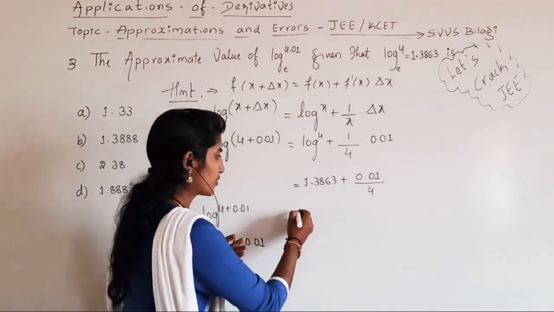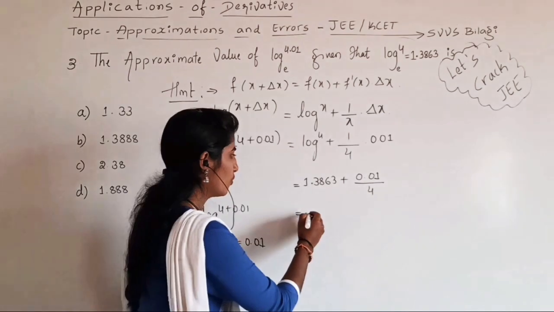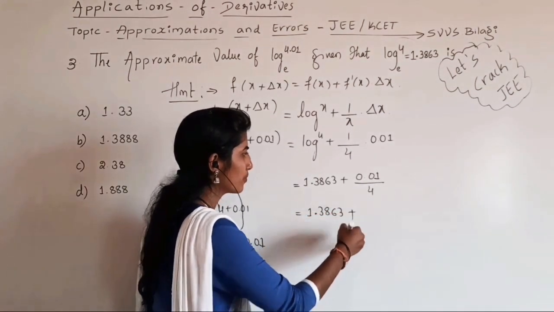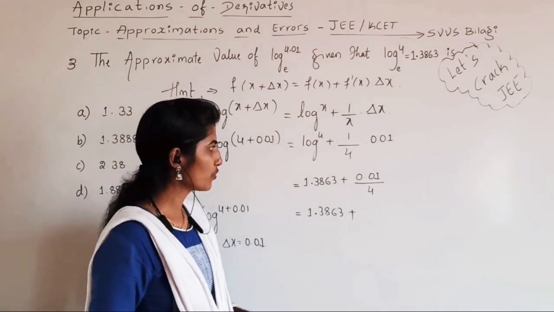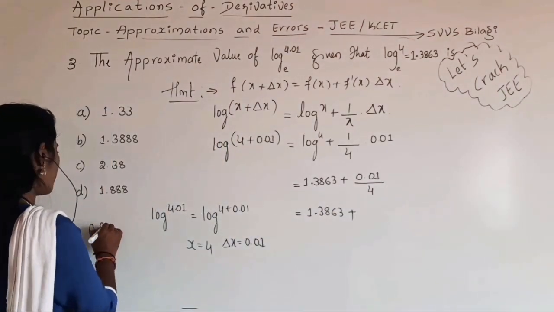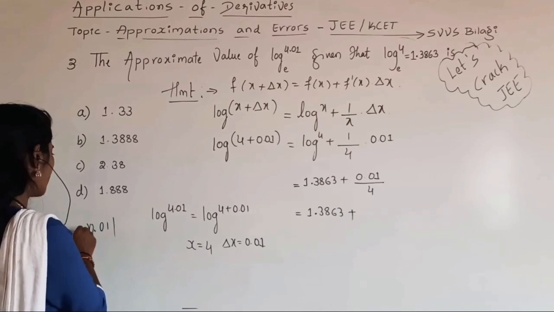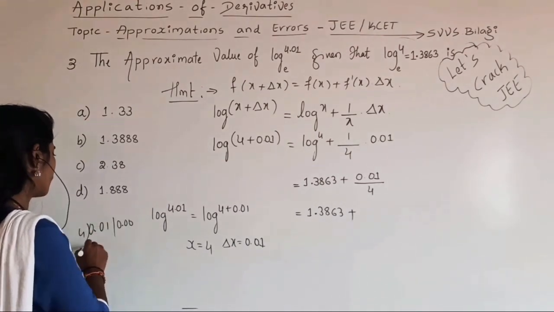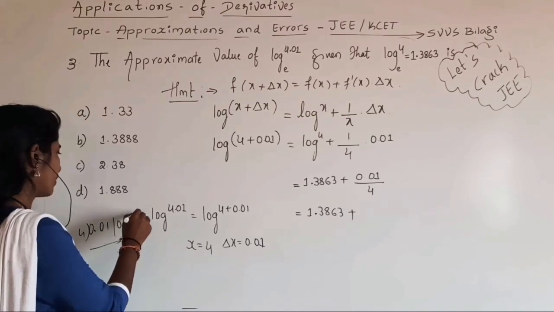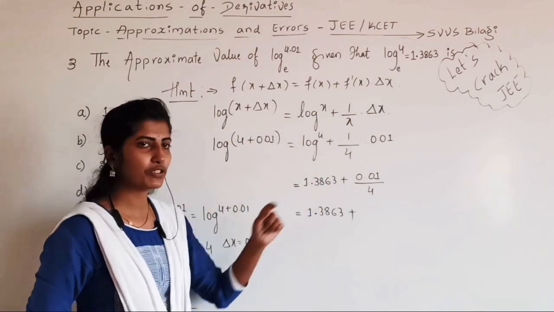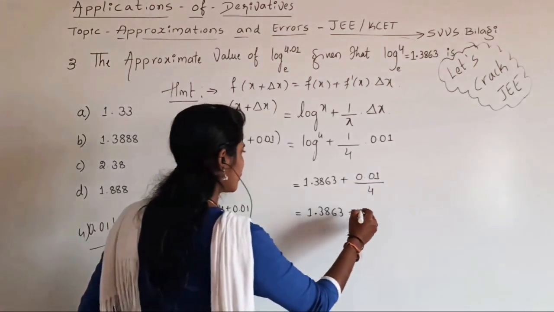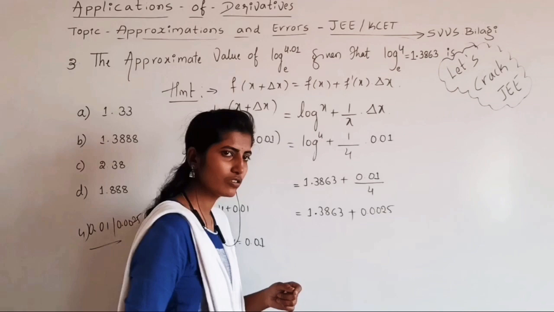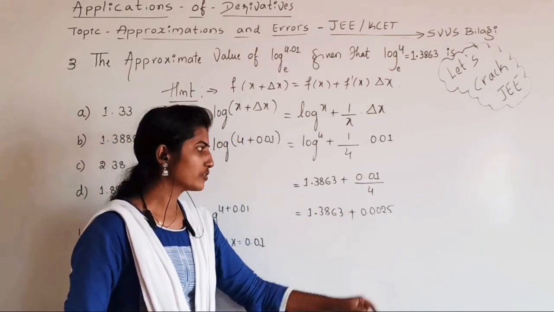That is 1.3863 plus, if you divide 0.01 by 4, I think it will be 0.0025. Yes, if you divide 0.01 by 4, you will get 0.0025. You can go and check.